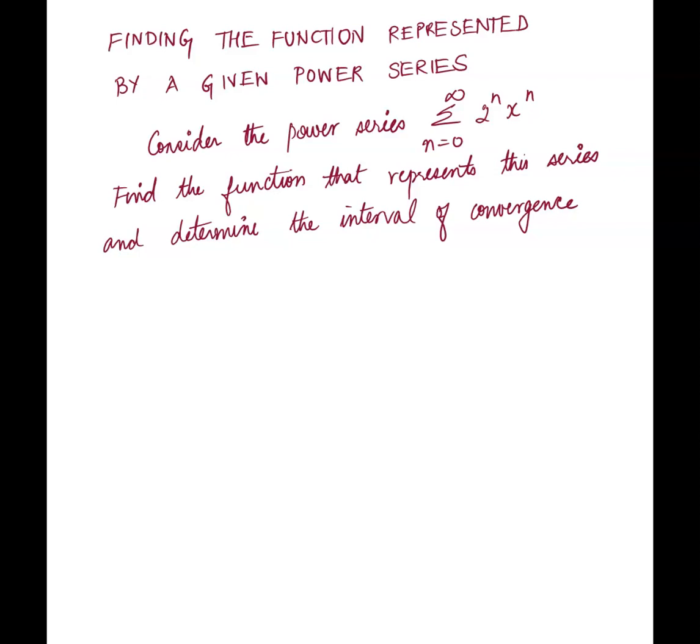Okay, let's begin with the series itself and see where it leads us. Summation 2 power n x power n. In fact, you could write this as summation 2x raised to the power n, right?